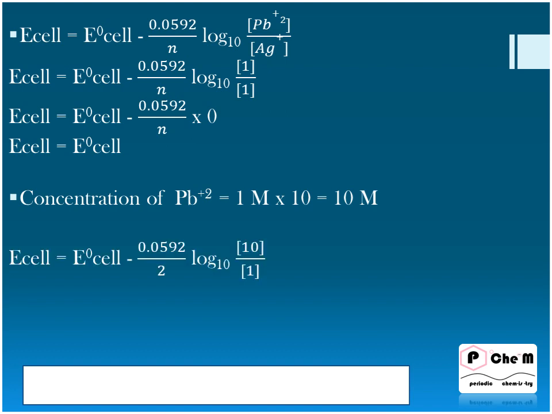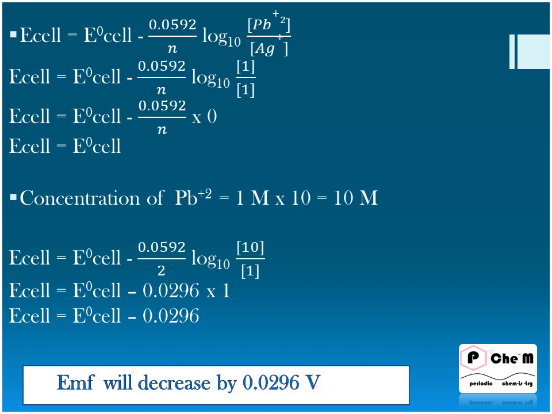The value for n is 2, we have seen it earlier. So we get log 10 as 1, and after calculating we get E cell is equal to E naught cell minus 0.0296. Therefore, we can clearly say that the EMF of the cell will decrease by 0.0296 from the original EMF.